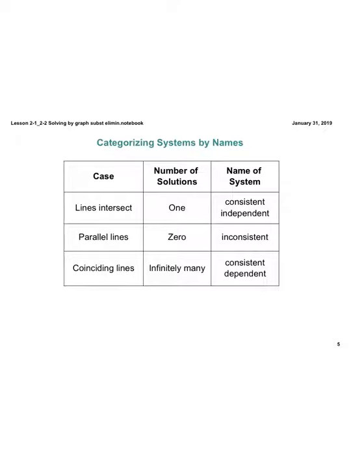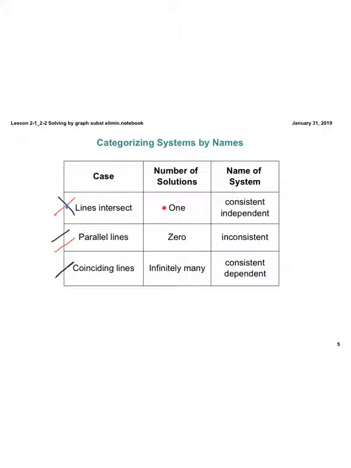So you might want to put an example of what these look like. So intersecting lines might look like this, where this is the solution right there. Parallel lines might look like this, and I'm not putting arrows on these, I'm just not taking the time. So there is no solution on that one. And then coinciding lines would be the same line intersecting itself an infinite number of times.